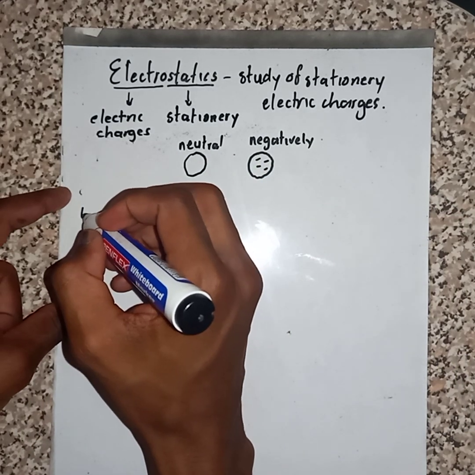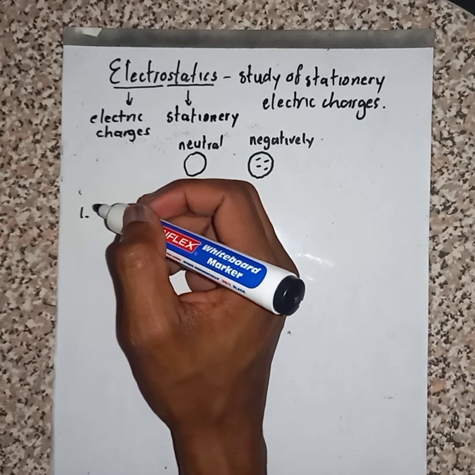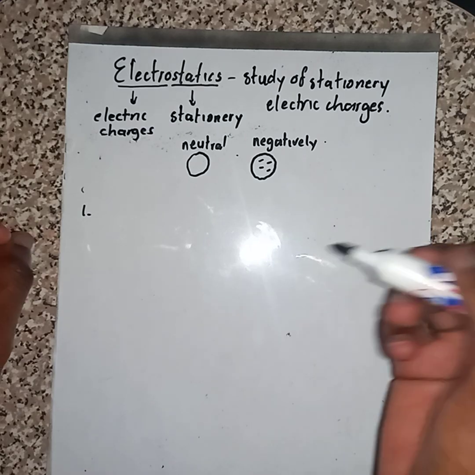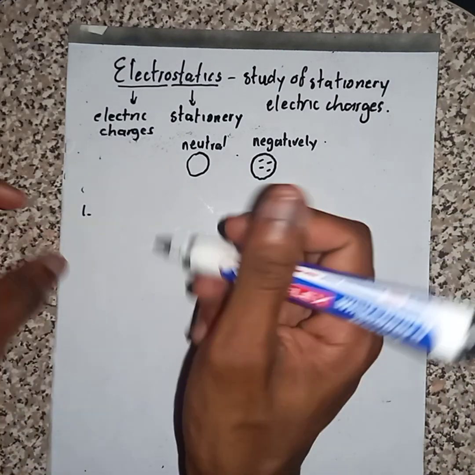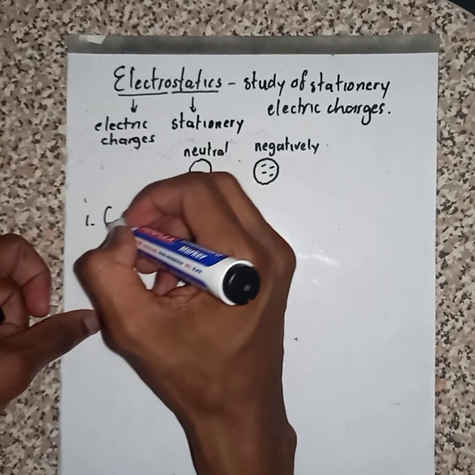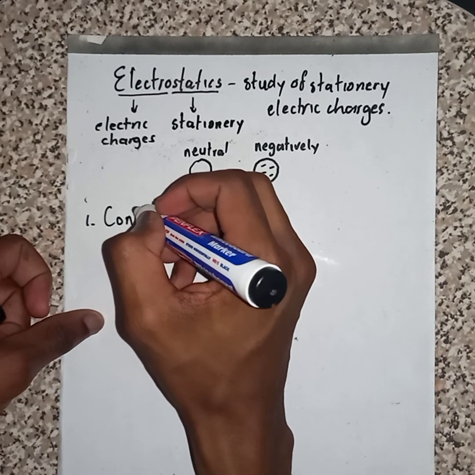That's the first thing that you should know, that we can charge another object when we allow them to be in contact. By contact, we allow them to be in contact.